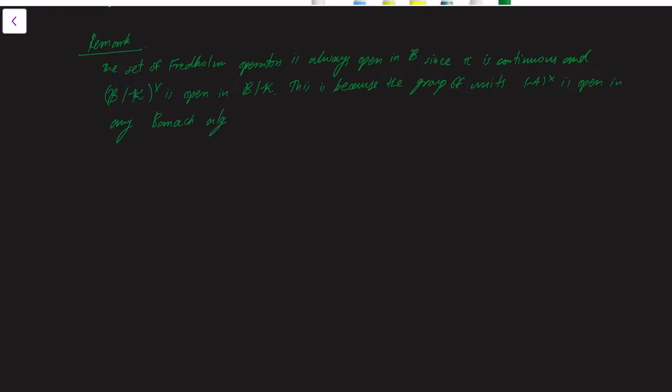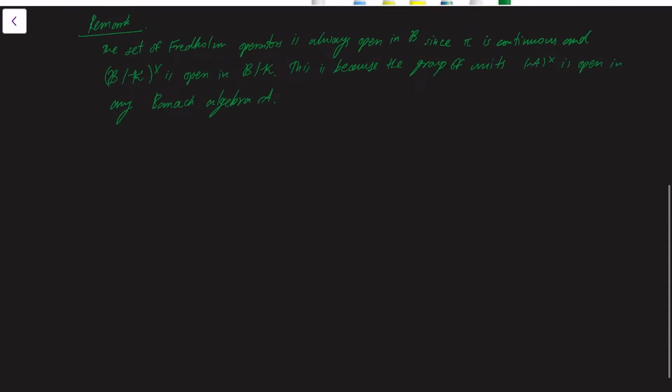This is because for every A in the group of units, there's a ball of radius 1 over the norm of A inverse that's contained in the group of units.